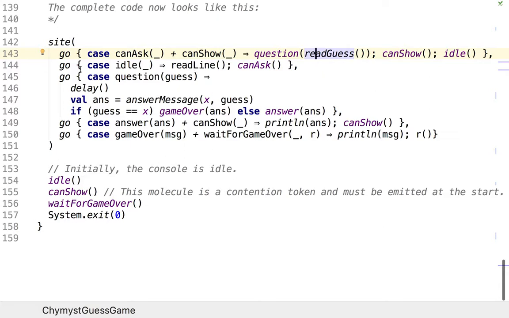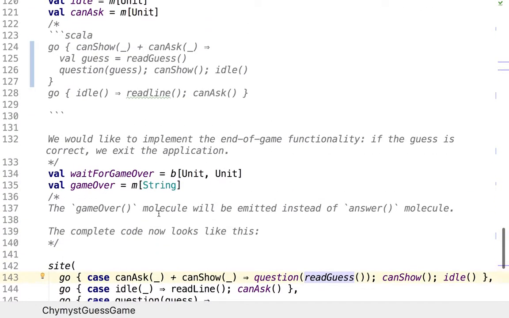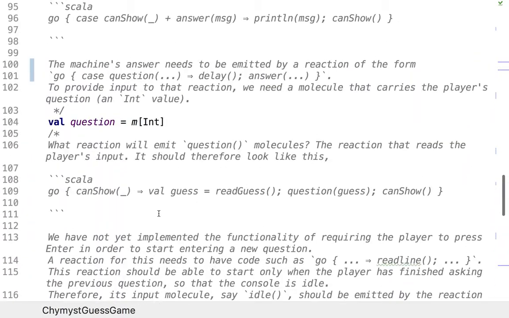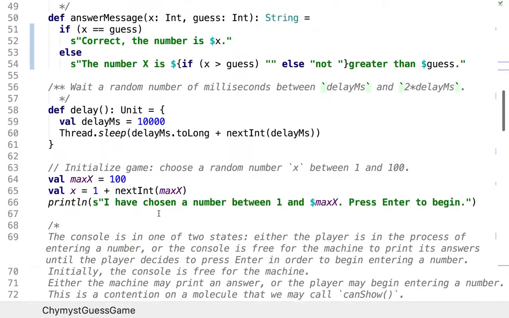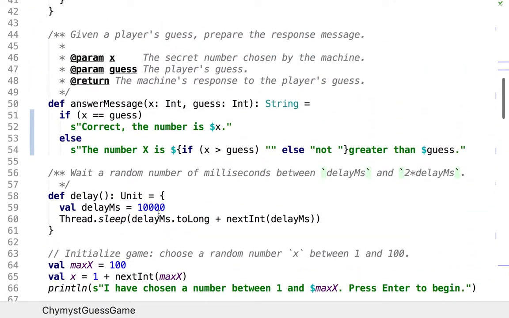And basically that's it. So I have here maybe 15 lines of code to implement the entire logic of this game with game over, with waiting for game over. I have another maybe 10 lines of code to define all these things that I need, and I'm done.